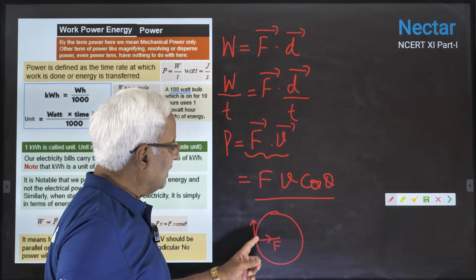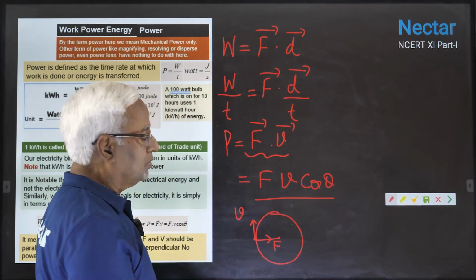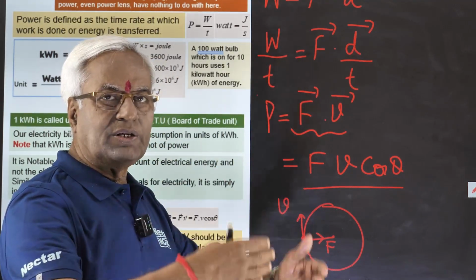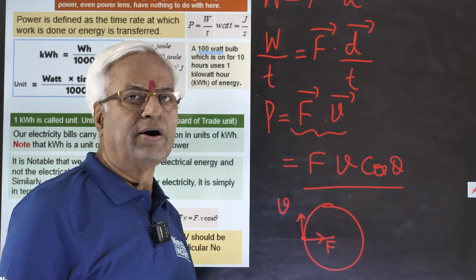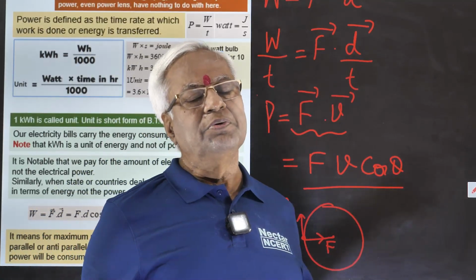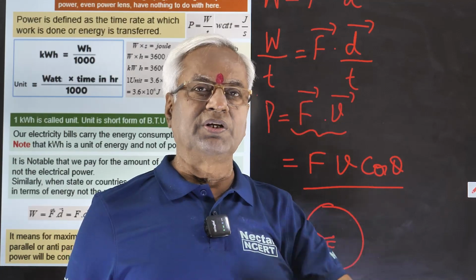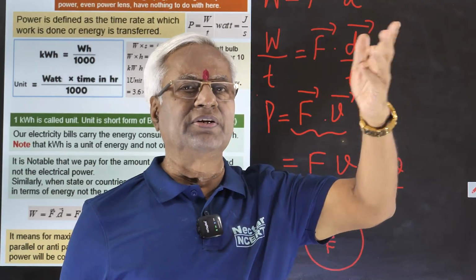See, in this case, force and velocity both are perpendicular. That's why it is said that in uniform circular motion, no power is consumed. And you know it very well that moon has been revolving around the earth for thousands of years.